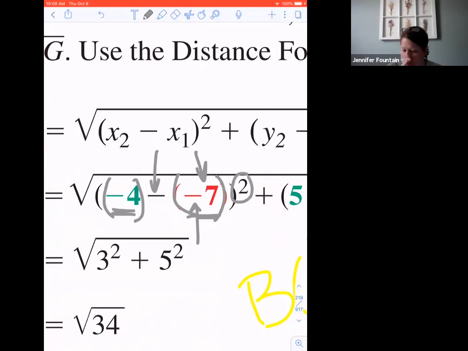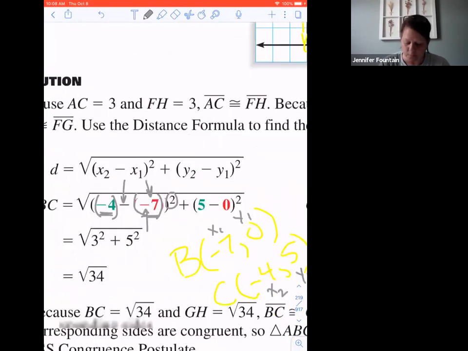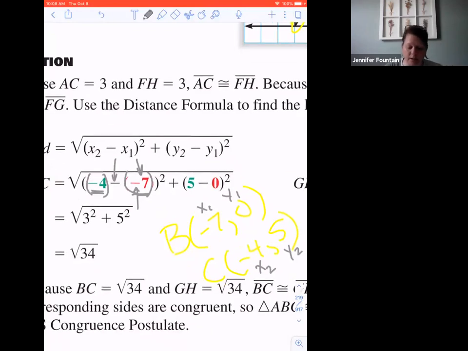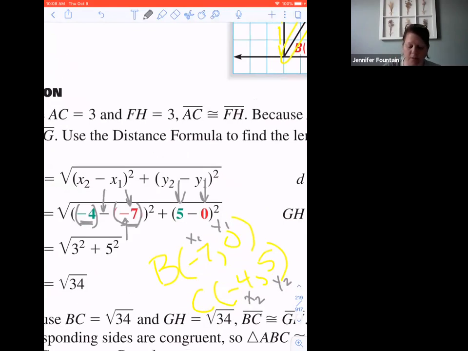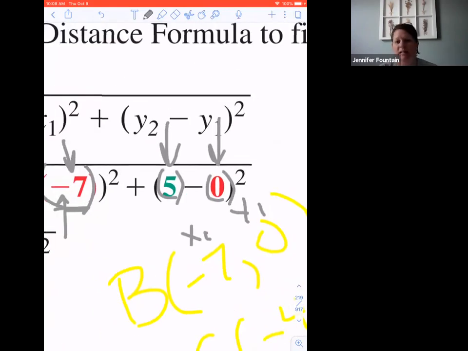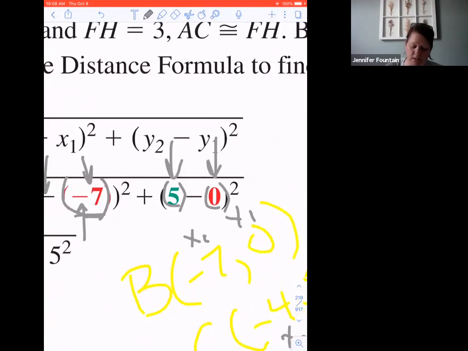When I'm working with these, I've got to make sure that my symbols work out right so I can have the right number before I square it, because squaring a negative is going to become a positive. Okay, so again, they put in X2 minus X1, and now I have Y2 minus Y1. I would still get in the habit of going ahead and putting these in parentheses, even though they're positives, just because then I'm used to writing parentheses every time I'm plugging in an X value or a Y value, but that's going to be totally up to you.